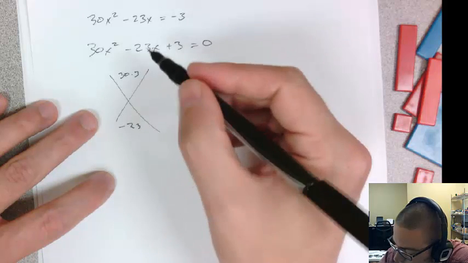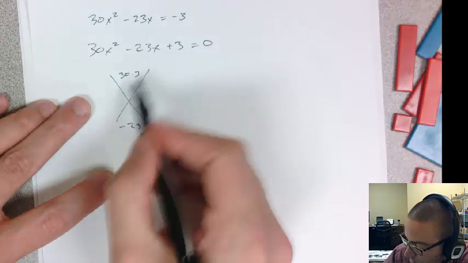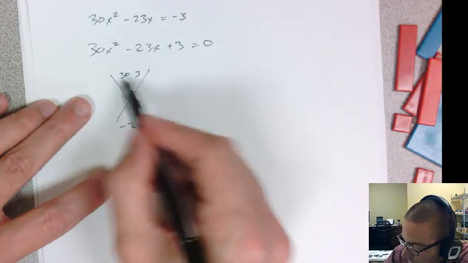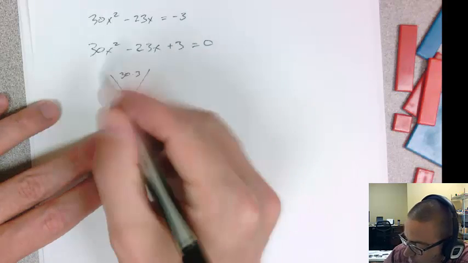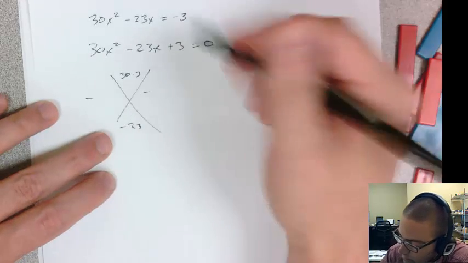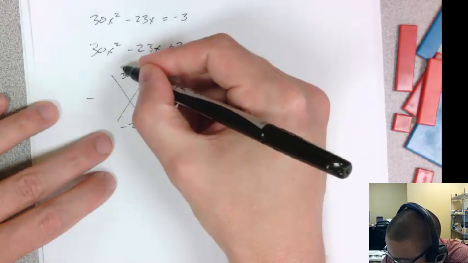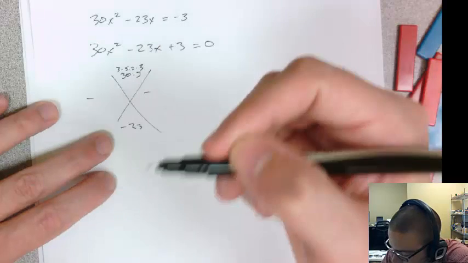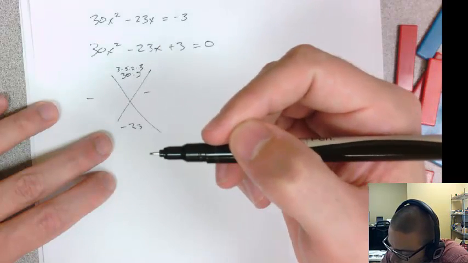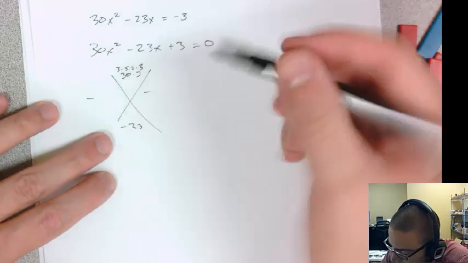Let's see, they're both going to be negative, right? This is a positive on top, but I need to get a negative number as a sum, so they're both going to be negative. Let's see, this is 3 times 5 times 2 times 3. Right? 10 times 3, yeah.